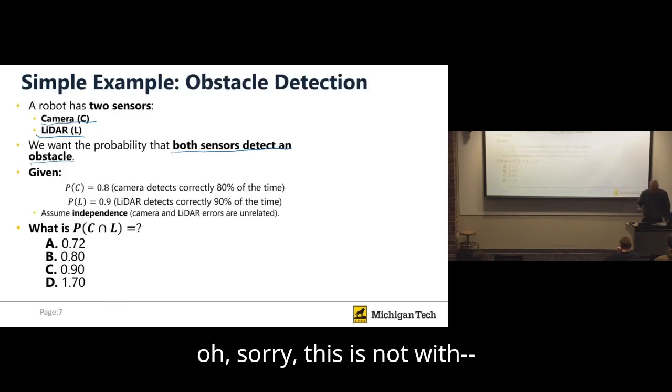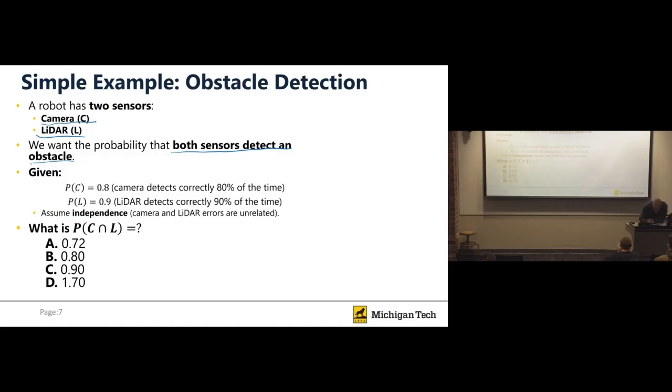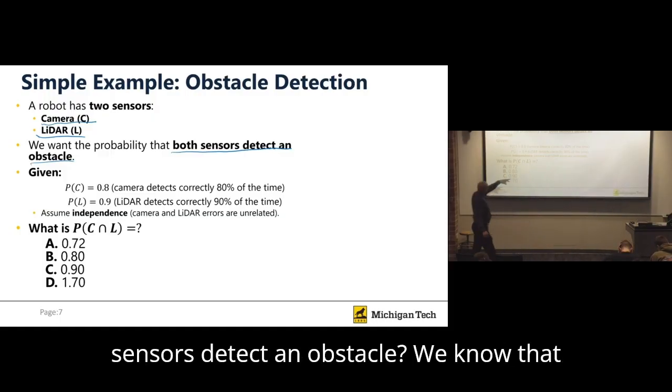Sorry, this is not with iClicker, but the next example is for iClicker. So what is the probability of both sensors detecting an obstacle?